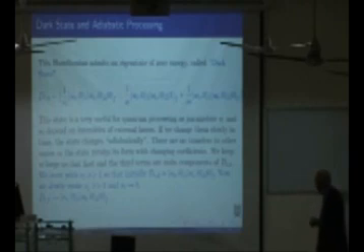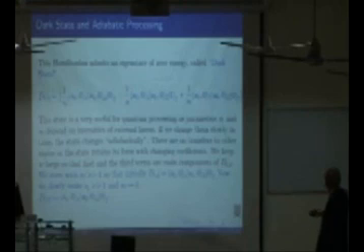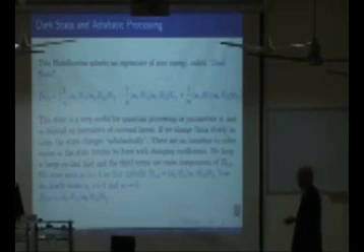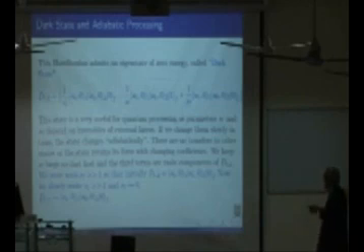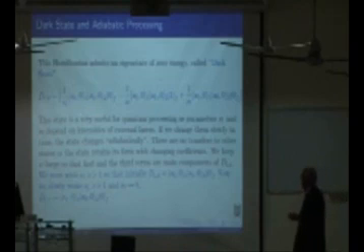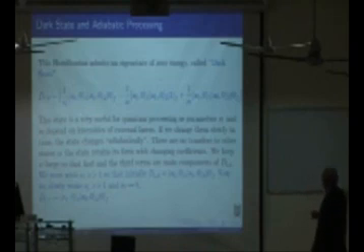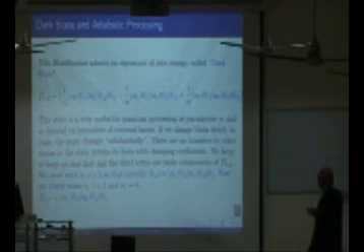I will not show you details of this calculation because it's straightforward, but of course algebraically it takes a while to get this. It admits a state which has been called the dark state, an eigenstate of zero energy.